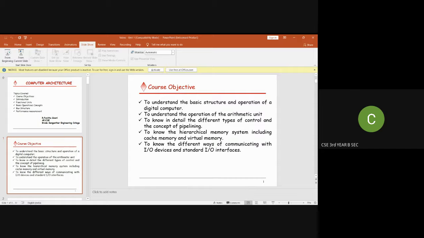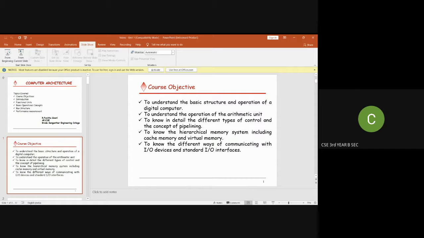The next objective is to know the hierarchical memory systems, including cache memory and virtual memory. A variety of memory systems are available in the market. We should know each one, understand the importance of cache memory and virtual memory, and how we can improve the performance of the cache memory.